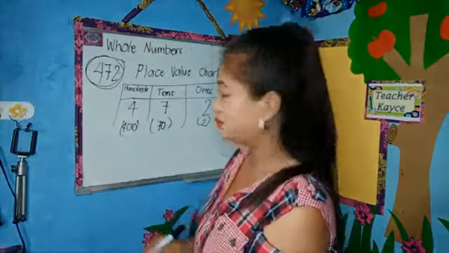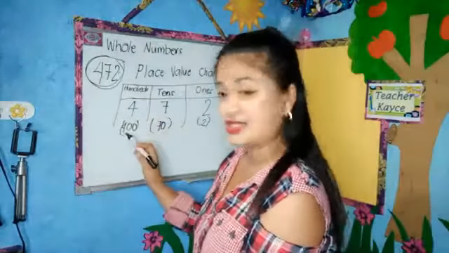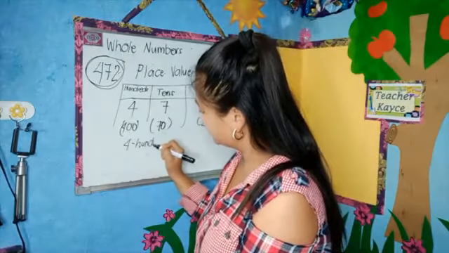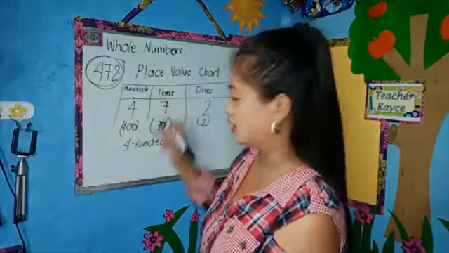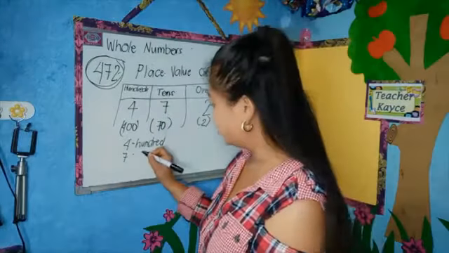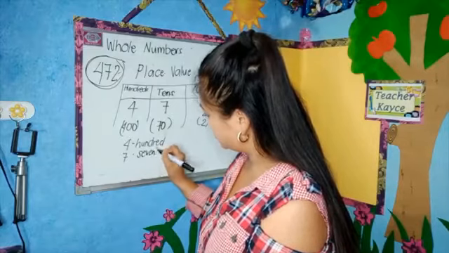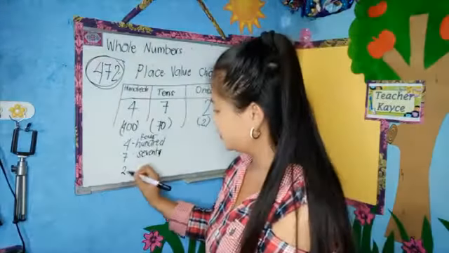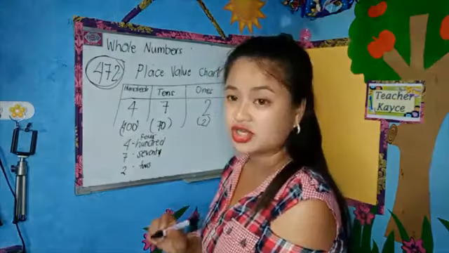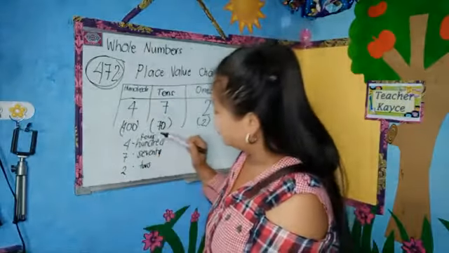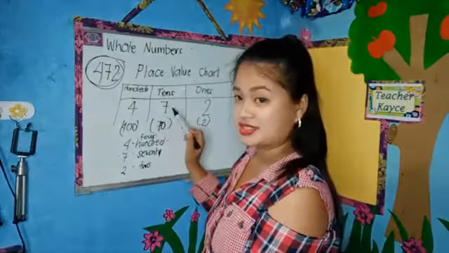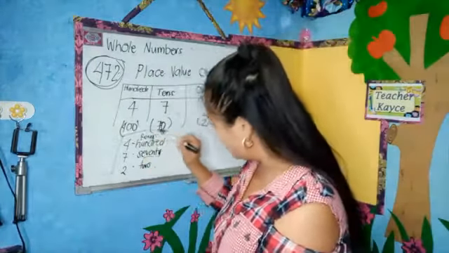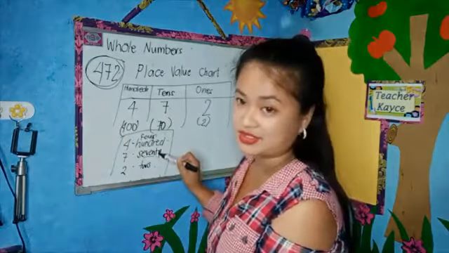So let's try to read it. We have 4 as 400, 7 as 70, and then the last number is 2. Again, let's read these whole numbers as 472.